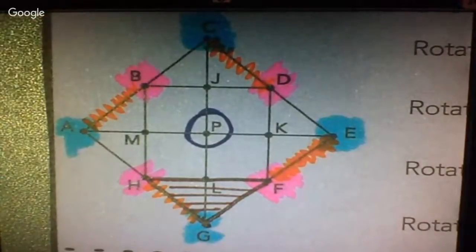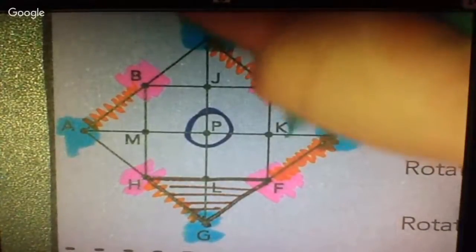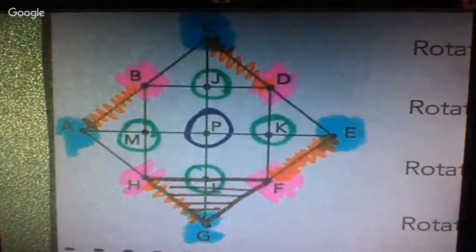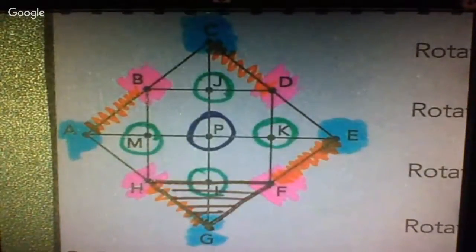K to M. So, hold on, I got you. K is where I start. So, K can either go to J, M, or L. Those are those inside points around P. And if I'm going 180 degrees, I'm going 2 spots. So, I'm going to skip J and go to M, or skip L and go to N.